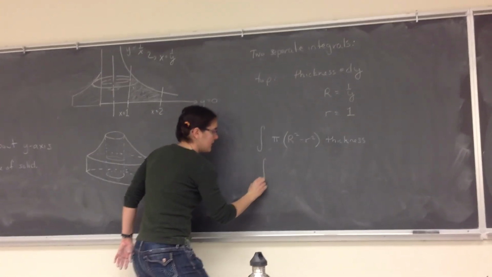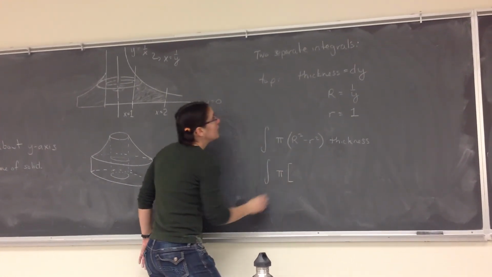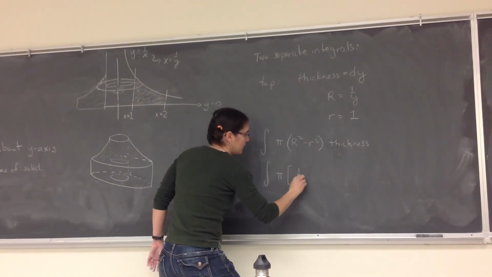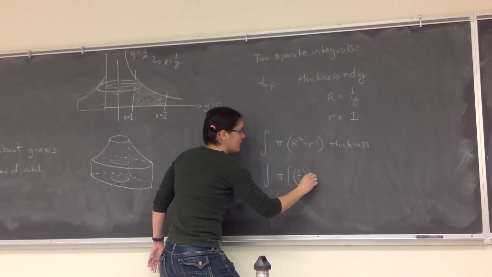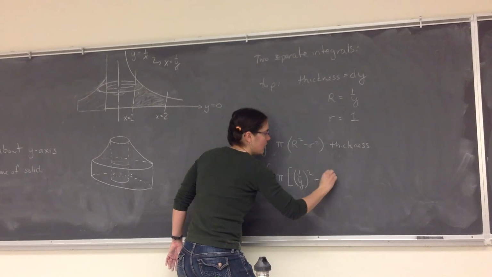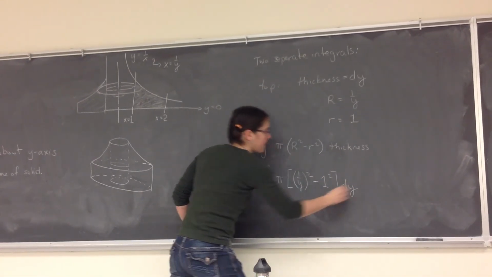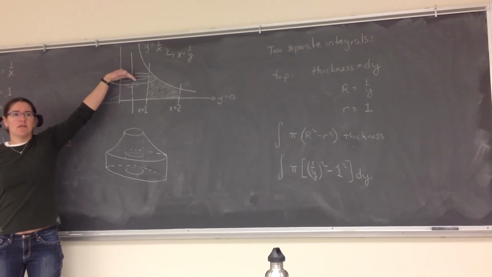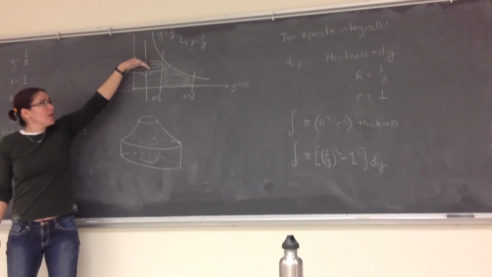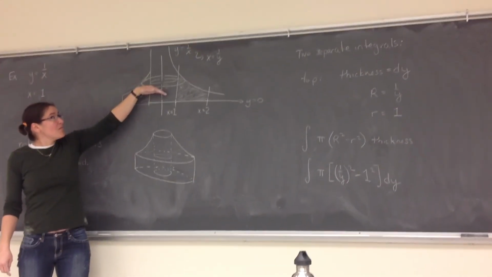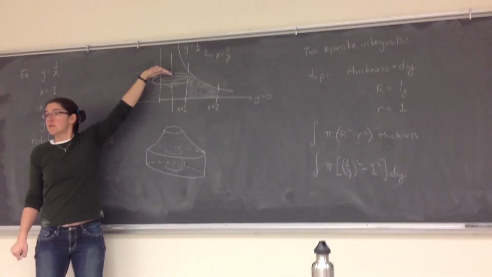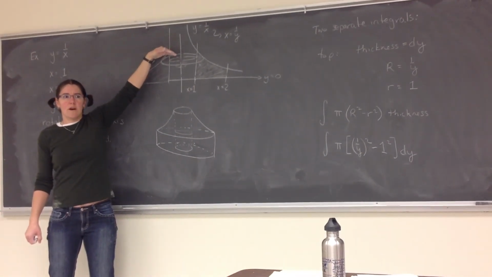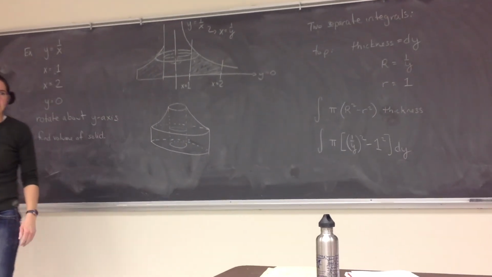And so we'll have the integral of pi times (1 over y) squared minus 1 squared dy. And for that top part up here, I've got to start somewhere and I've got to end somewhere. So how do I know where to start and end?